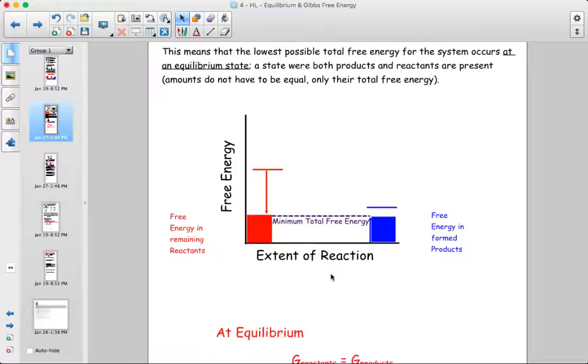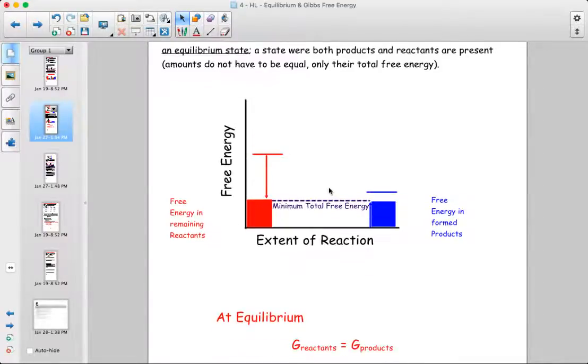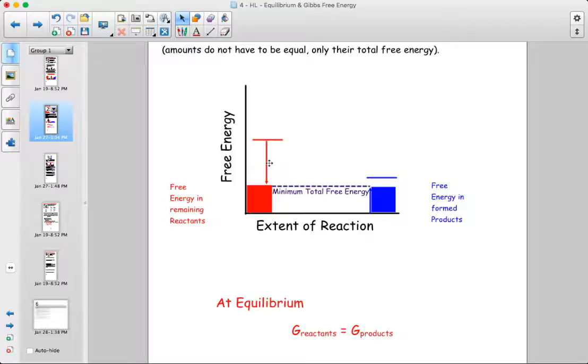So it's kind of a new concept, but again, the delta G that we would calculate from our equations is the change between this red and this blue. But that's a theoretical calculation based on 100% reactant to 100% product. And so in reality, the change may be a little bit different than that, because the reaction will likely not go to completion.